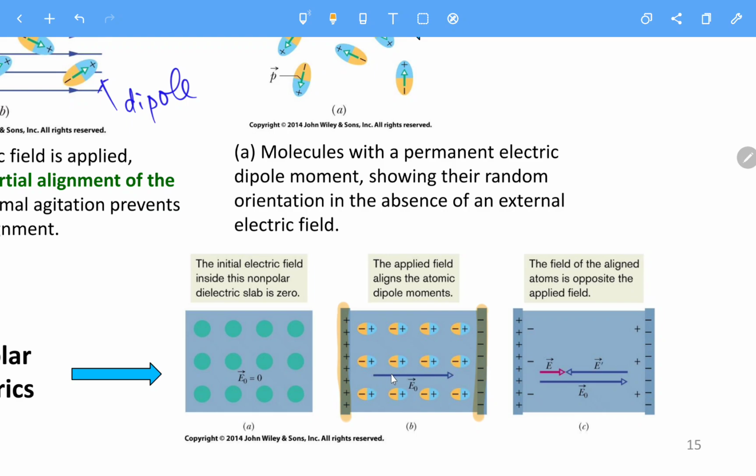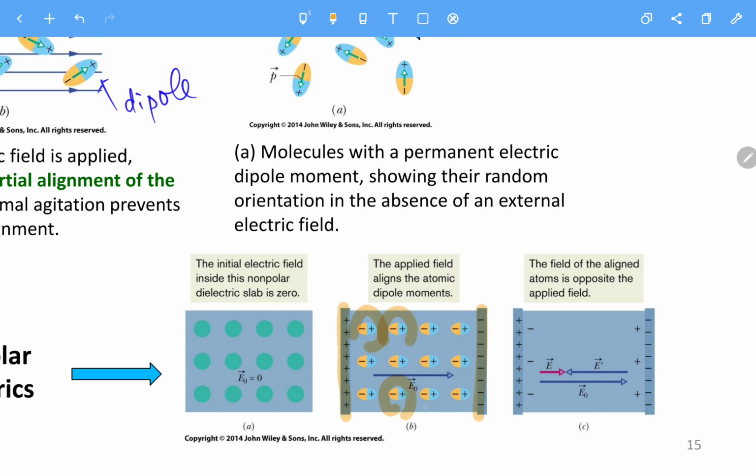If you provide some external E field to it, then you will make all the dipoles align. The positive charge will go to the right side, the negative charge will go to the left side. But of course this is a dipole, you cannot separate them. So it's just like you rotate, just try to align, 就是对齐那个方向.